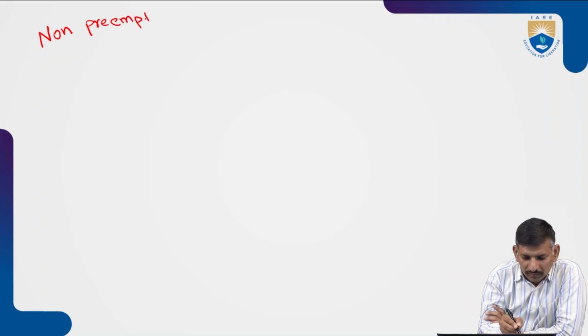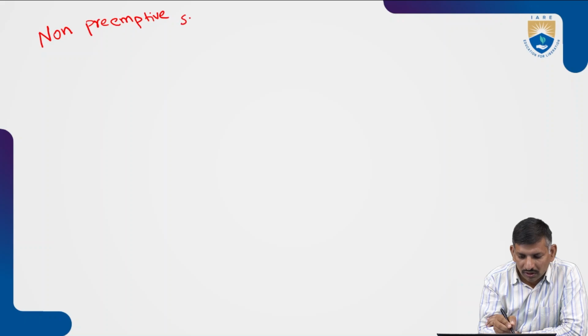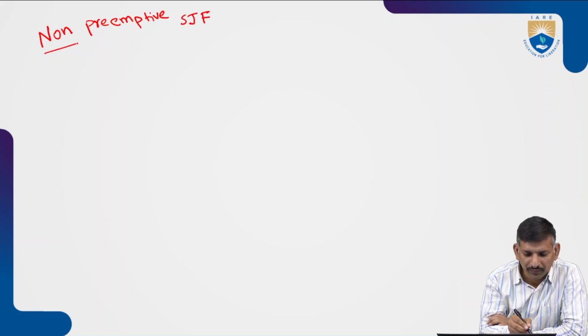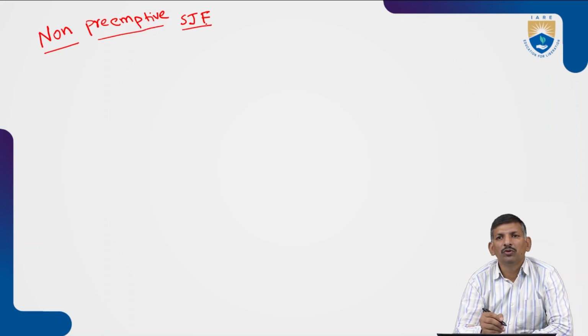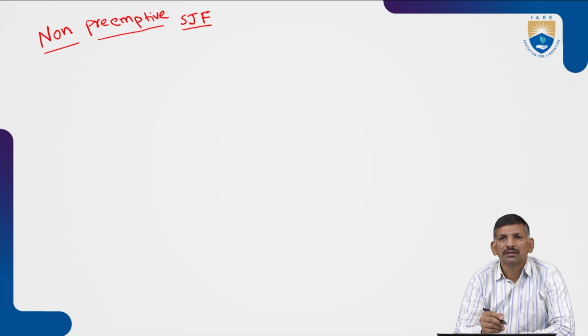Now, non-preemptive shortest job first scheduling algorithm. Non-preemptive means a new process gets the CPU after completion of the currently executing task only.